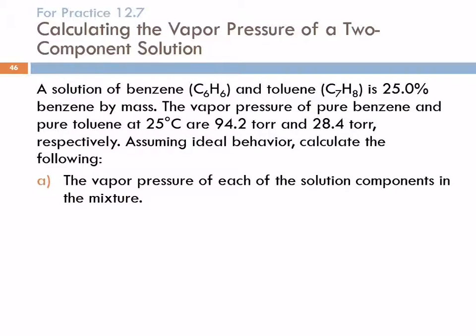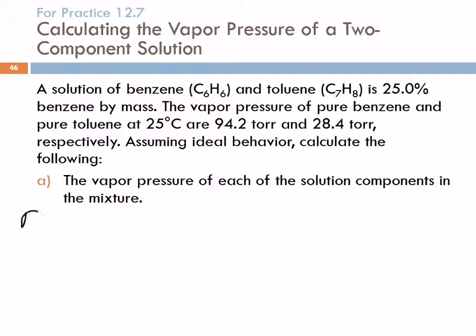The vapor pressure of each of the solution components in the mixture. So we want to know what's the vapor pressure of the benzene and what's the vapor pressure of the toluene. What equation are we going to use to find that? Raoult's law.